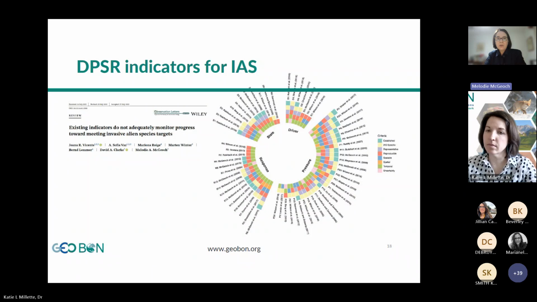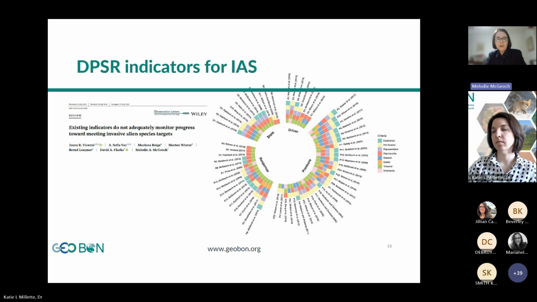Each of them was evaluated according to a range of criteria as to whether the indicator is representative, sensitive, spatially representative, temporally representative, etc. But I think the main point is that there are alternatives. This paper summarizes what they are and looks at the strengths and weaknesses of each of them.